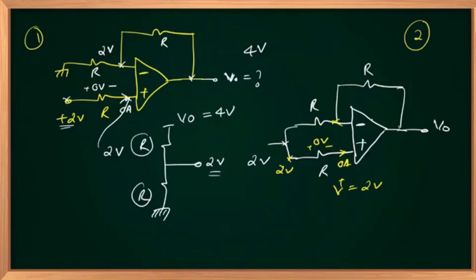And the feedback is negative. How much should V minus be? V minus should be equal to V plus, which we got as plus 2. So this should be 2 volts.